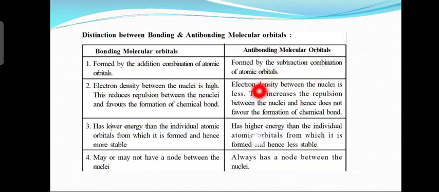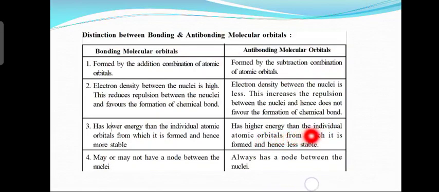Whereas in the antibonding molecular orbital, electron density between nuclei is less. Therefore, this will increase the repulsion between nuclei and hence does not favor formation of chemical bond. Bonding orbitals have lower energy than the individual atomic orbitals from which they are formed and hence are more stable, whereas antibonding molecular orbitals always have higher energy than the individual atomic orbitals.